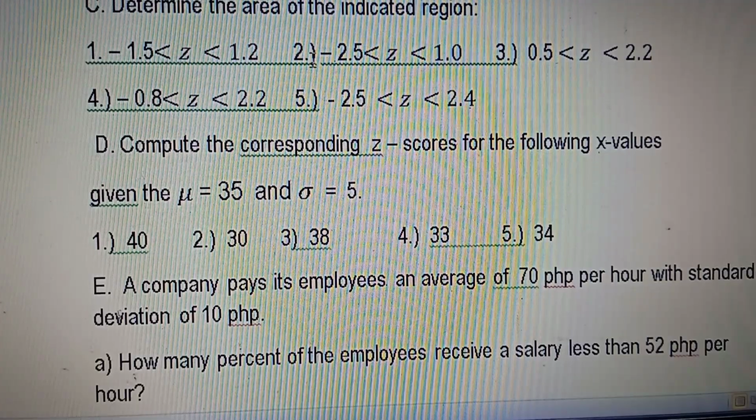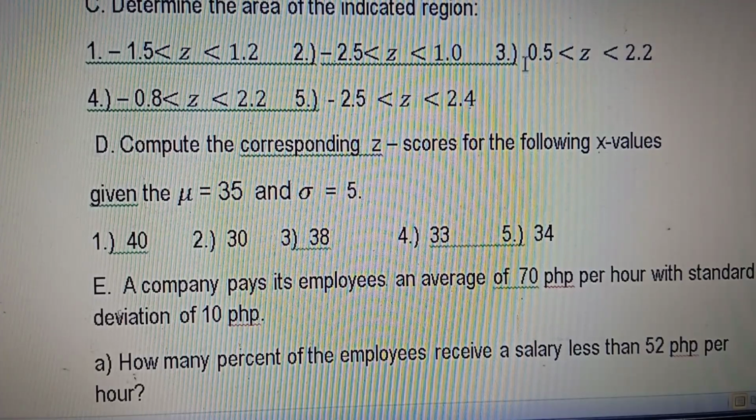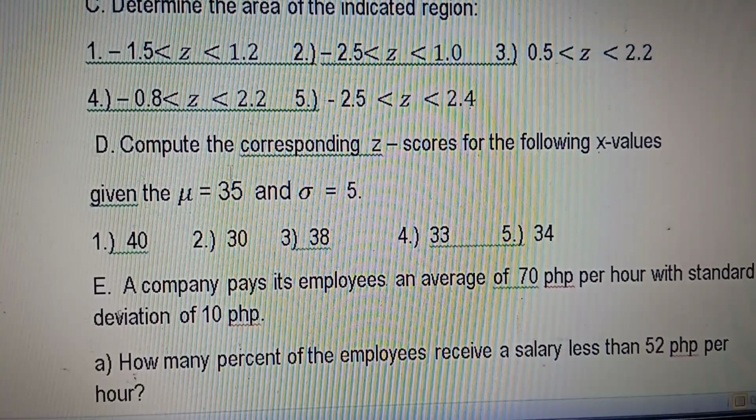Number 2 is Z is greater than negative 2.5 and Z is less than 1.0. Number 3, Z is greater than 0.5 and less than 2.2.